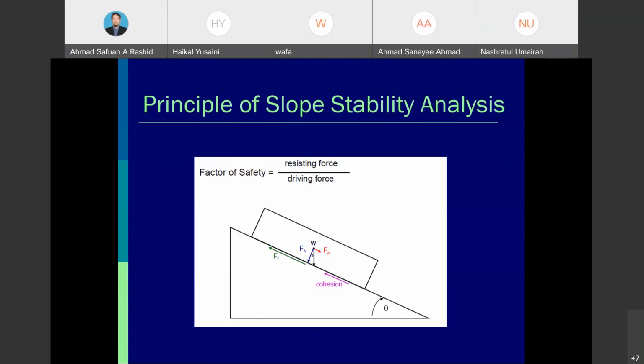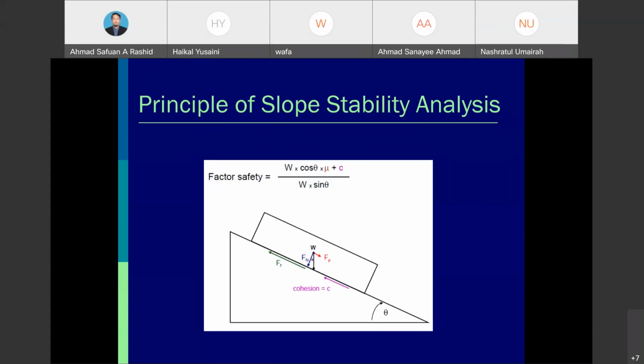Mathematically, when we want to calculate the factor of safety, we may use this formula. If we use the Mohr-Coulomb equation, we may include the phi value as well; we may discuss that later on.